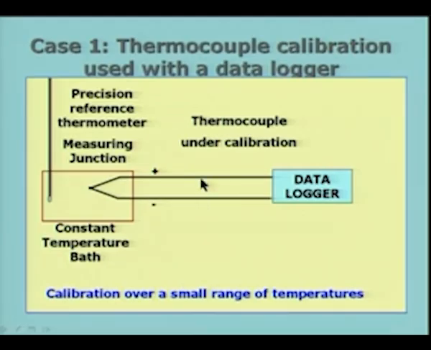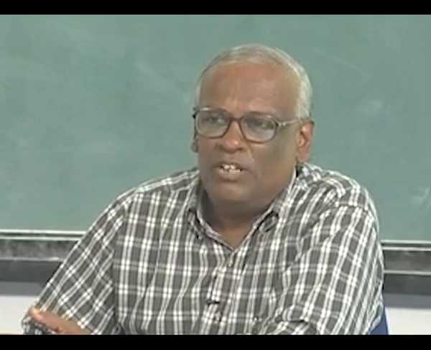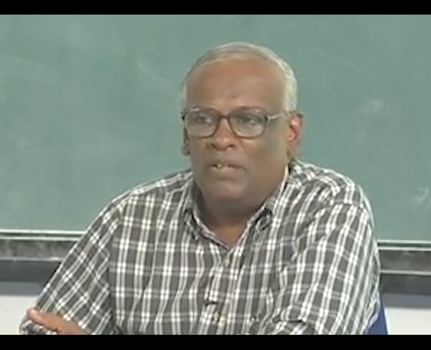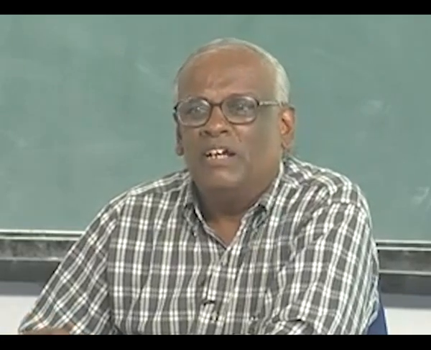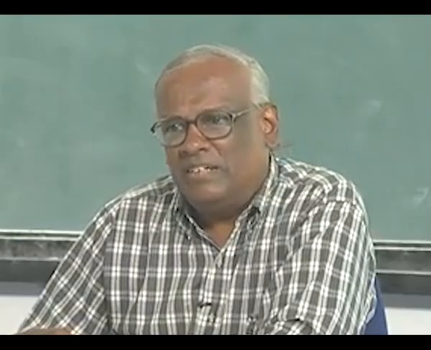That means that this calibration will be valid as long as the temperature of the data logger is at a uniform value, which is not going to vary with respect to time. If however, the data logger is going to be exposed to different temperatures because the laboratory temperature varies over a period of time, this calibration will of course not be totally correct.